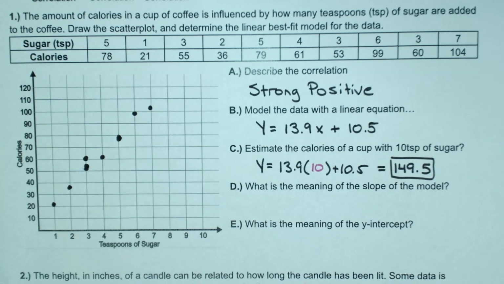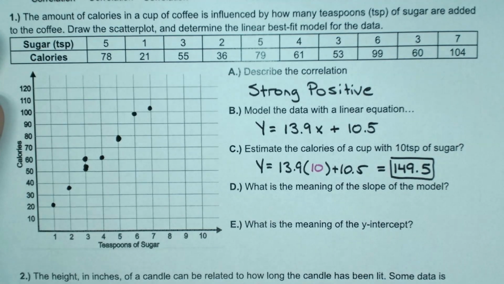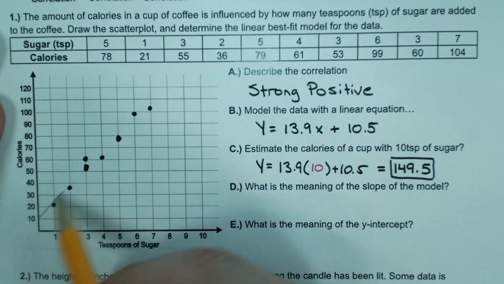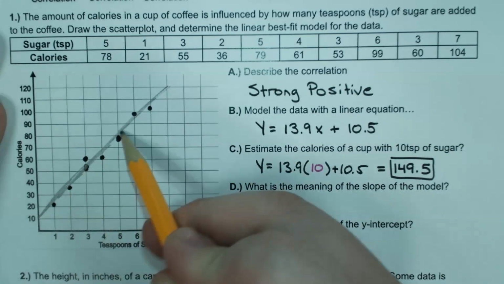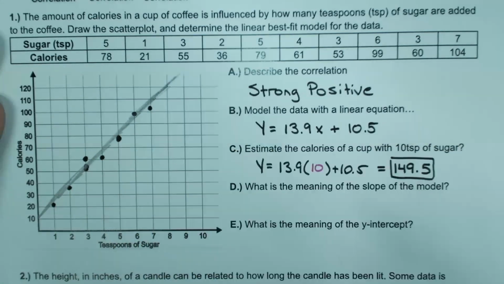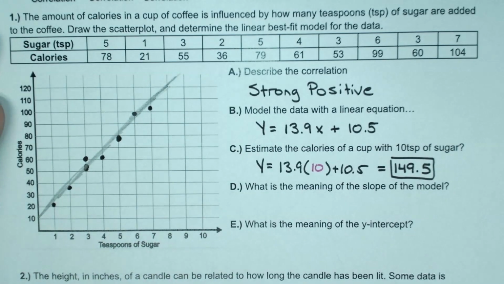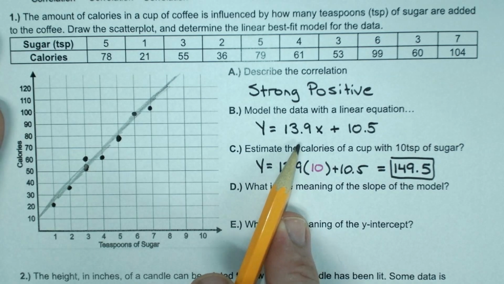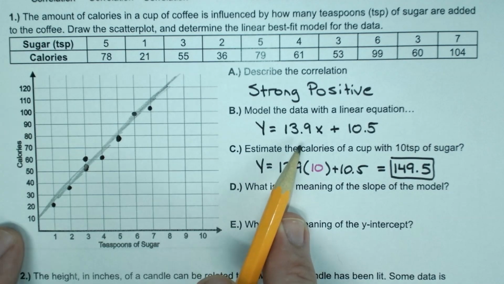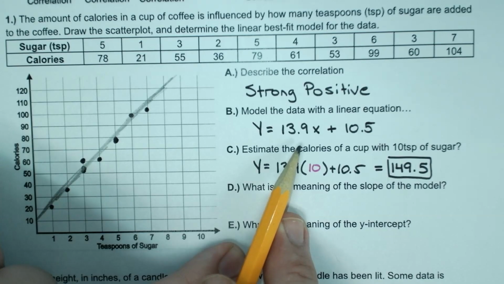Okay, the meaning of the slope of this model. Now, I'm just going to free-handedly draw this graph right quick. Again, we're just eyeballing a line of best fit here. But the calculator told us the slope is 13.9. Remember, the slope describes how much the y values change as the x values go up.